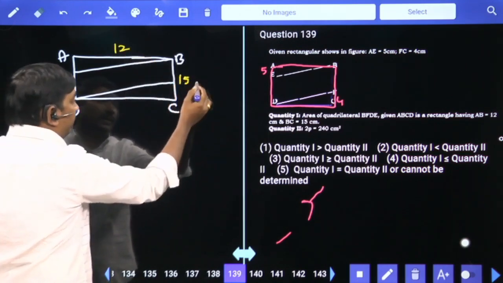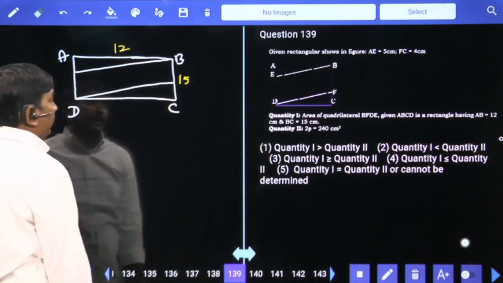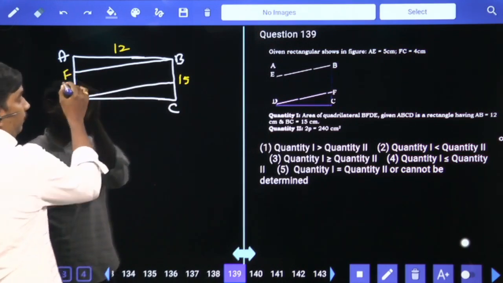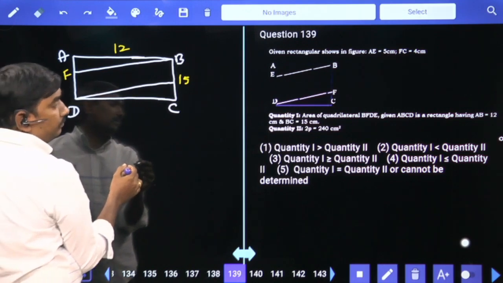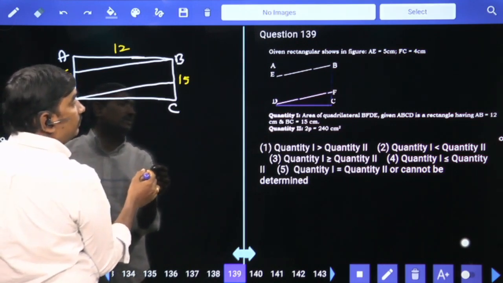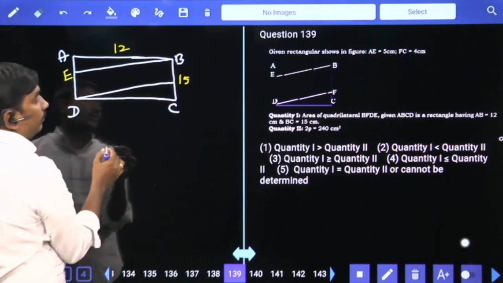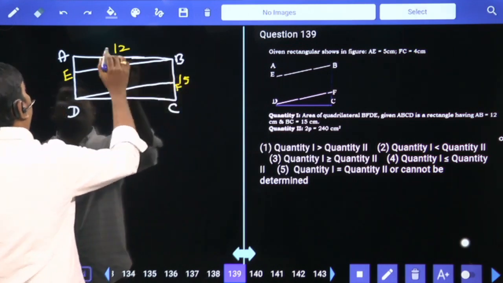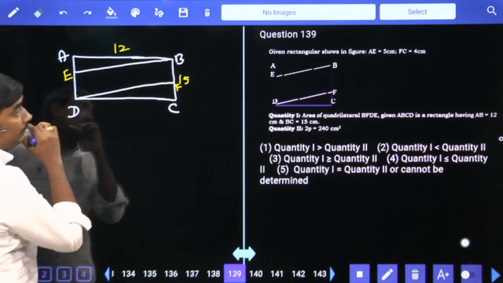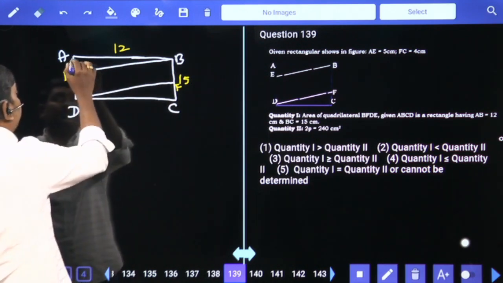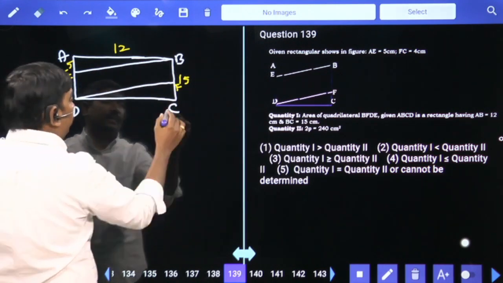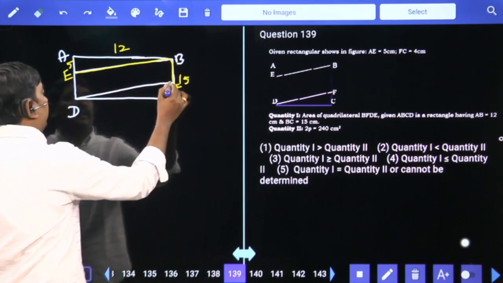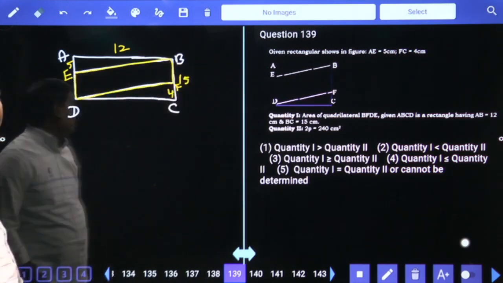BC is given as 15. We are asked to calculate the area of the quadrilateral BFDE. Already we know AE value 5 and FC value 4. So how much area do we need to calculate? Quadrilateral area.